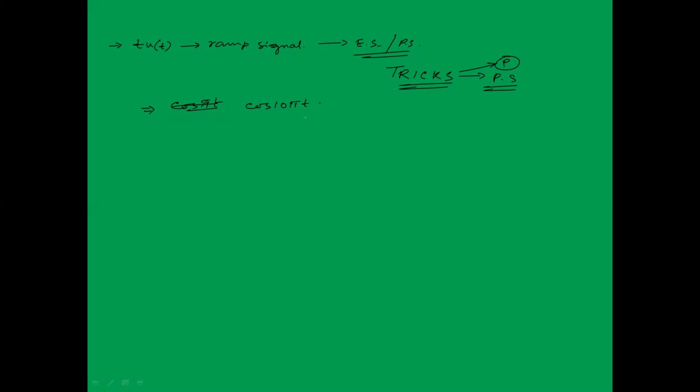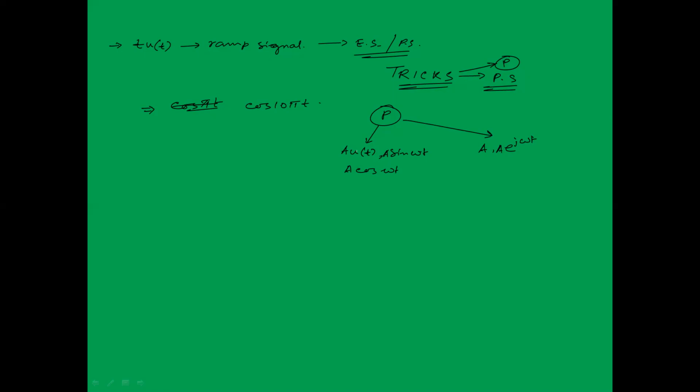So if the periodic signal is cos pi t, I will get it in this format: A u(t), A sin omega t, A cos omega t, a constant value, and A e to the power j omega t.